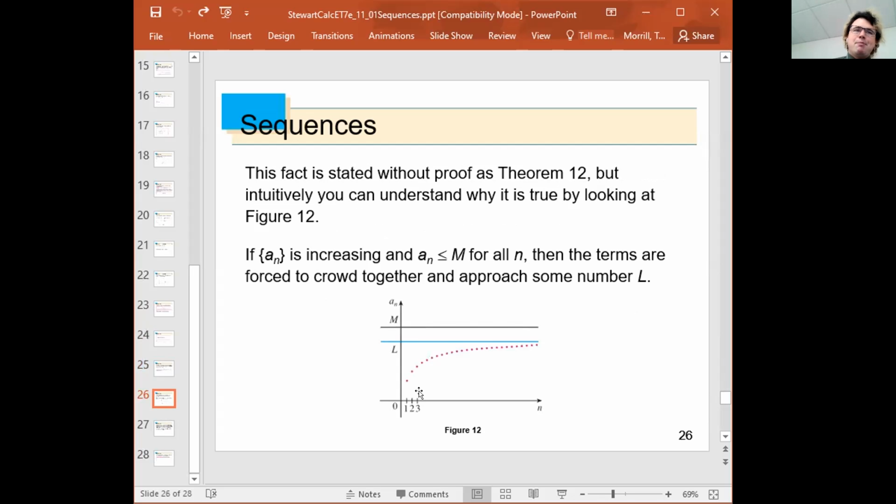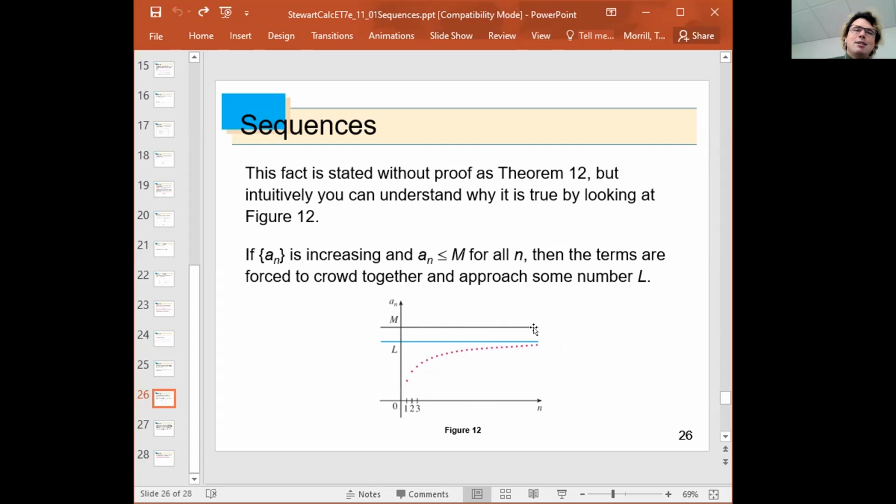So the idea in the picture is pretty simple. I know that either all of my values of the sequence are increasing, or they are all decreasing. Again, because it's monotonic, they have to increase forever or decrease forever. But I also know that there's some threshold, some upper bound that is stopping the sequence from diverging.